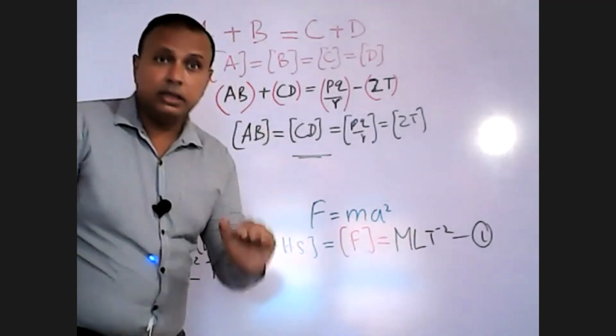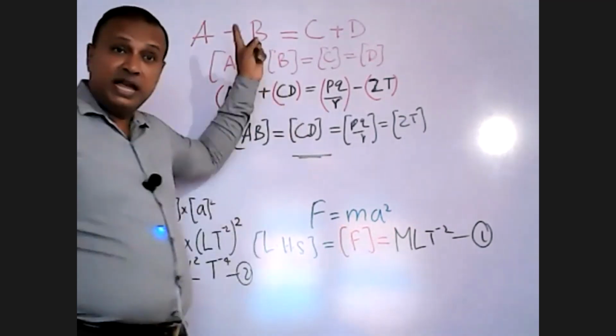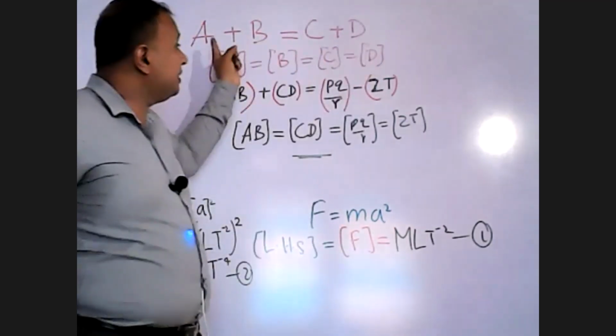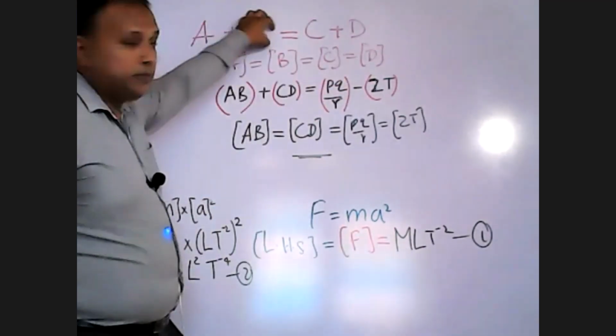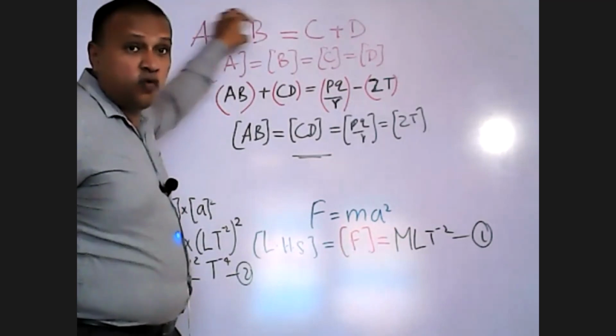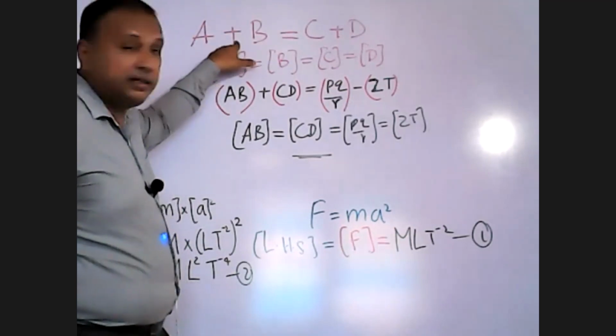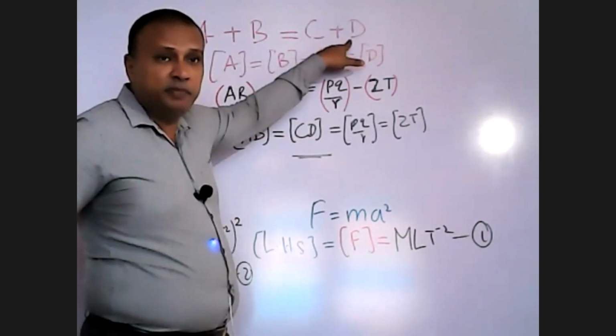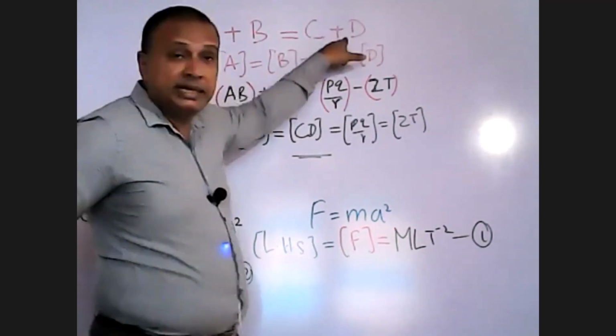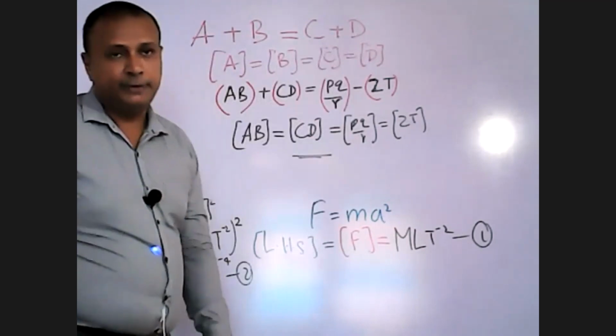According to that logic, if there is an equation something like this, A plus B means 2 physical quantities are connected with a plus sign. C plus D, that means 2 physical quantities connected with a plus sign.